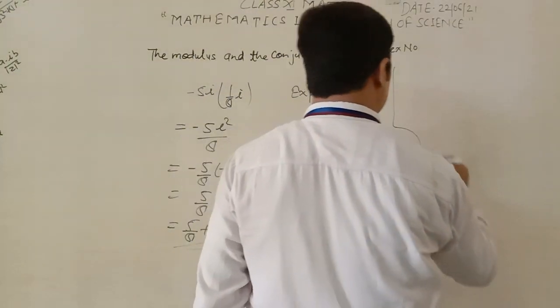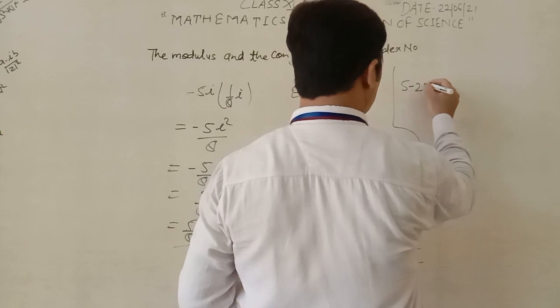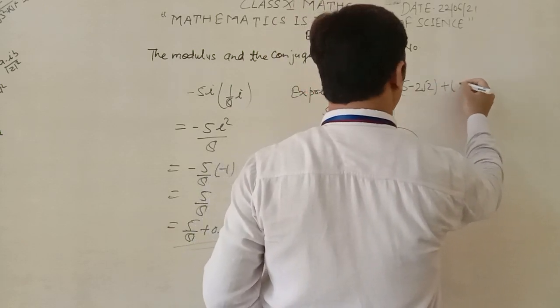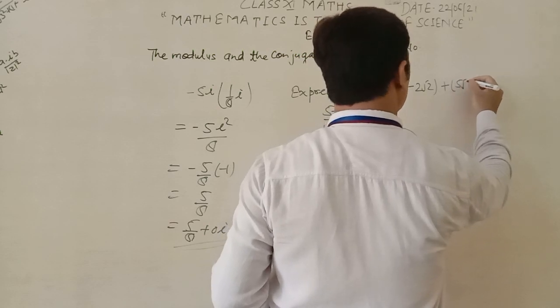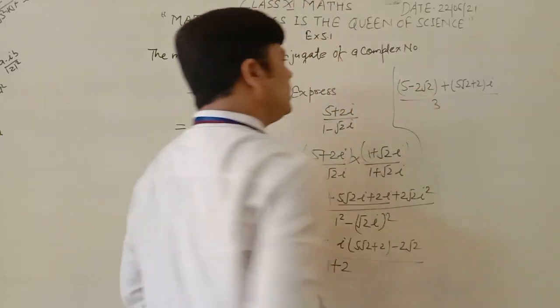So it is equal to 5 minus 2 root 2 plus 5 root 2 plus 2 into i, divided by 3.